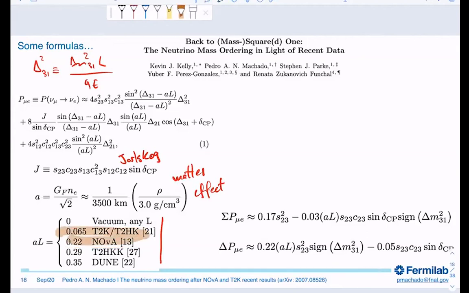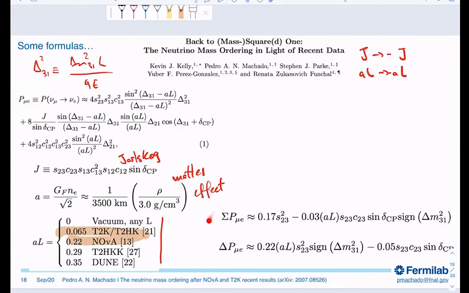these probabilities here for neutrinos and antineutrinos, when you do antineutrinos, the Jarlskog flips sign and A L flips sign, the matter effect flips sign. When you get these expressions for neutrinos and antineutrinos, there are two important quantities that you can do.